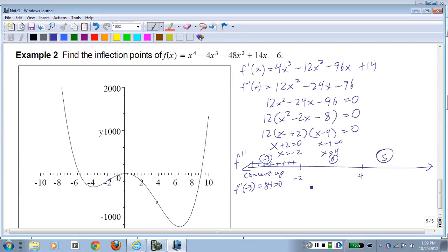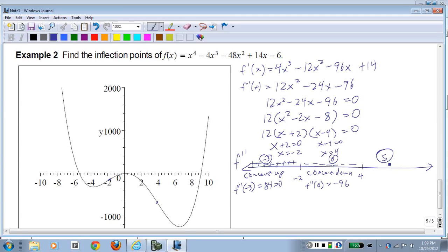If we evaluate it at 0, f double prime of 0, we can use this expression up here, the unfactored form, and just get negative 96. That's the easiest way to find that. That's negative, so minuses, and f is concave down.